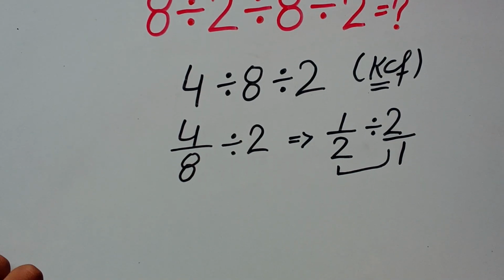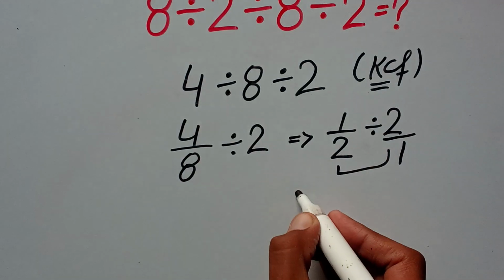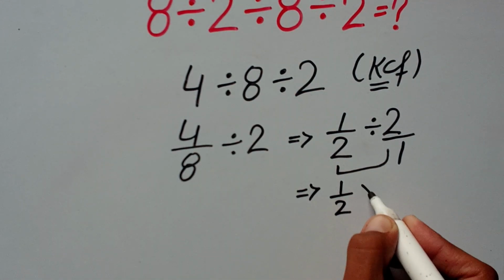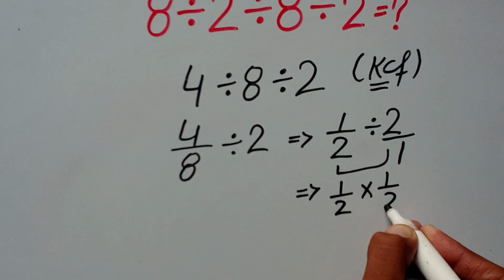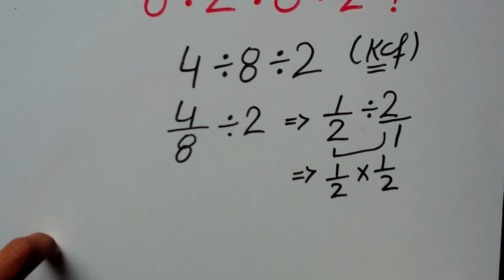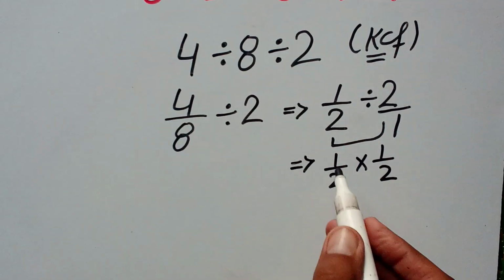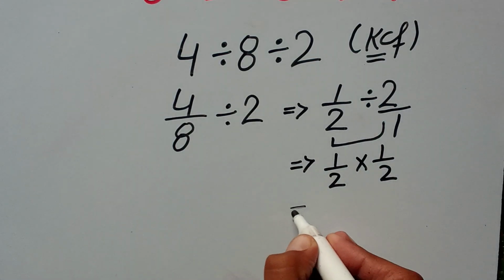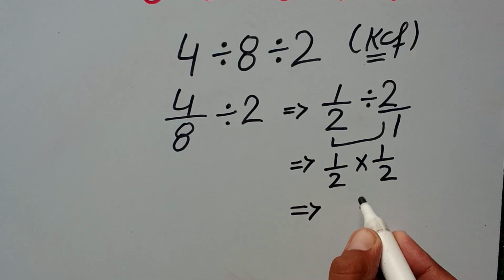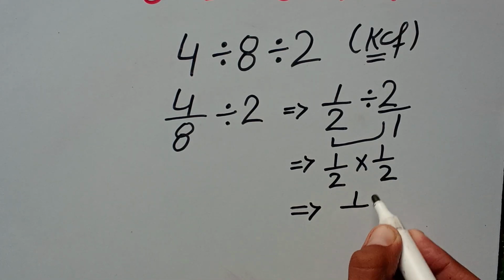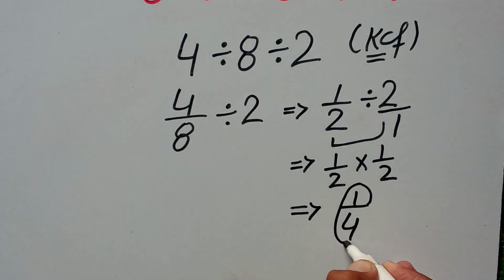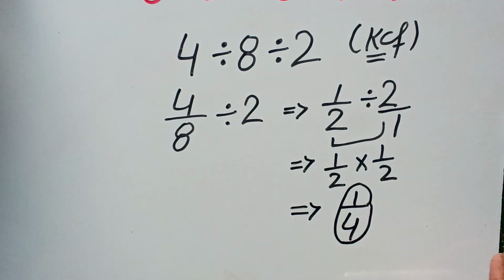So we can write the question as 1 over 2 times 1 over 2. Now, numerator is multiplied by numerator and denominator is multiplied by denominator. So 1 times 1 equals 1, and 2 times 2 equals 4. So this is the final answer of this question.